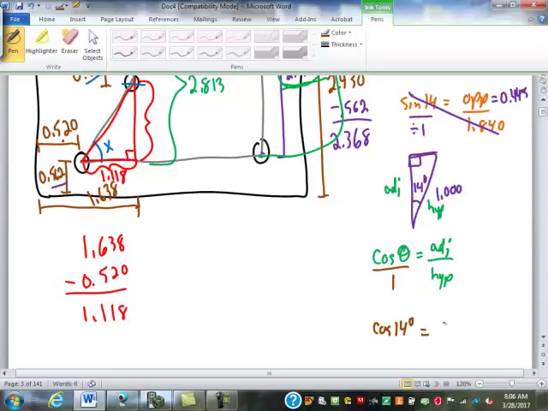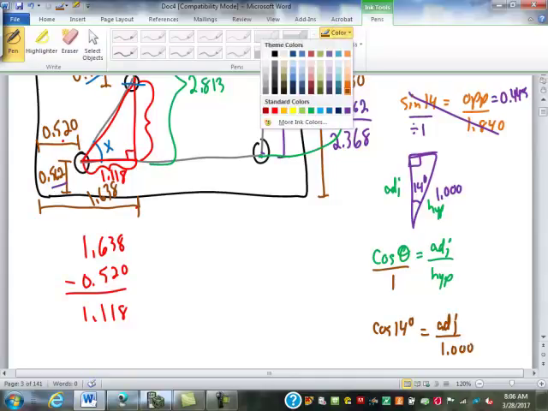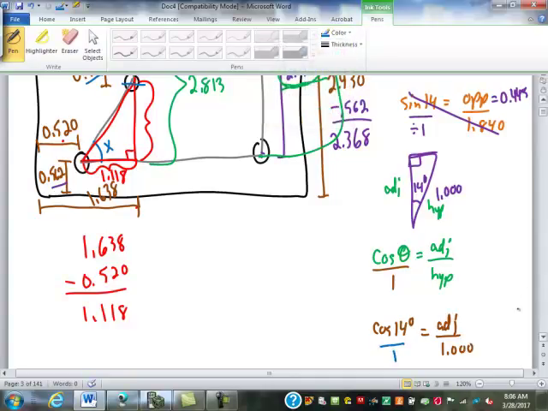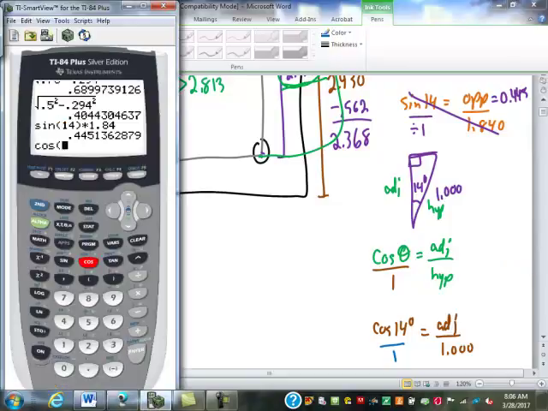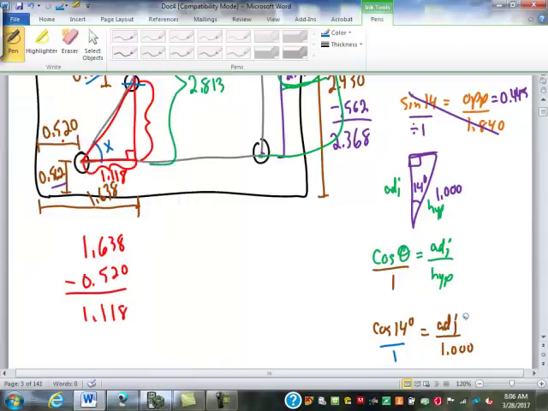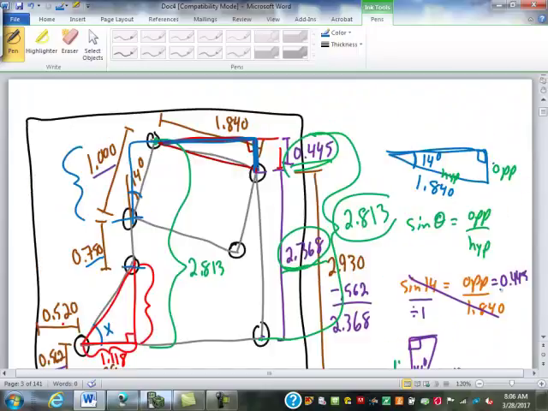Cosine of 14 degrees equals the adjacent side, what we're looking for, over my hypotenuse of 1. Put that over 1, so it's cosine of 14 times 1 divided by 1. So cosine of 14, 0.970. So this height here is 0.970.